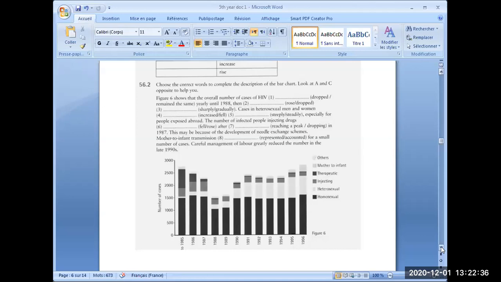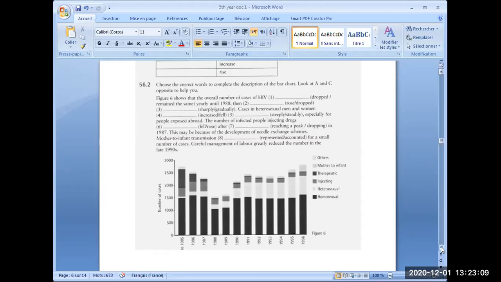Especially for people exposed abroad, the number of infected people injecting drugs, yes, fell or rose? Fell. I don't know if you are answering me or not. After what? After reaching a peak, good.